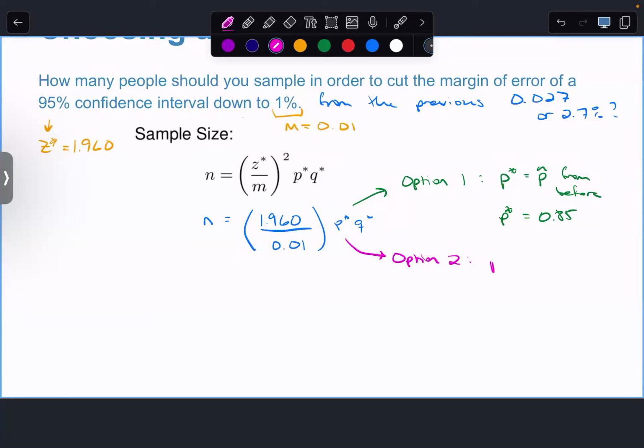Option 2 is I say, okay, forget that I ever had that information, and let's just say I know nothing about the population.